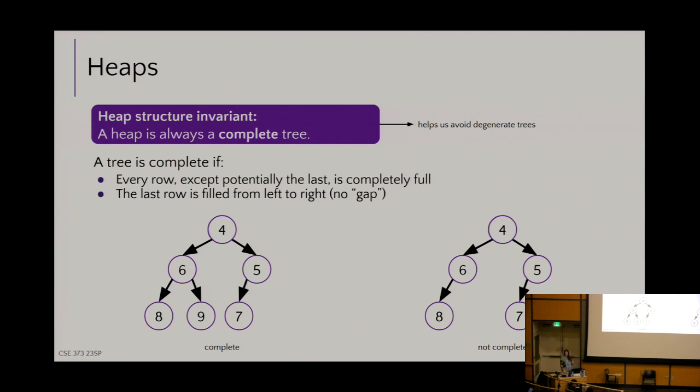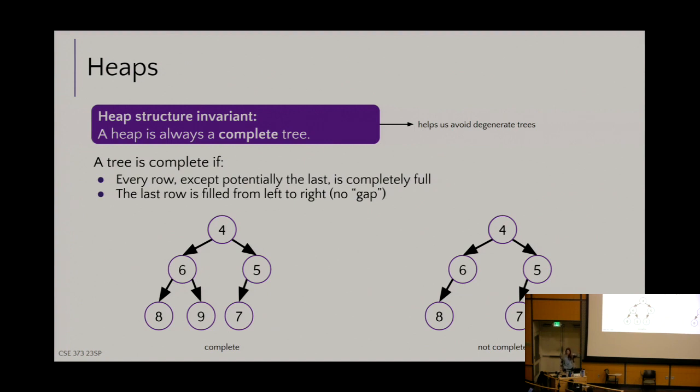We leave no gaps. So this tree on the left here is considered complete. We have filled up the 4's left and right children, and the only gap is 5's right child, which is the bottom row furthest to the right. The tree on the right-hand side is not complete because there is a gap at 6's right child.